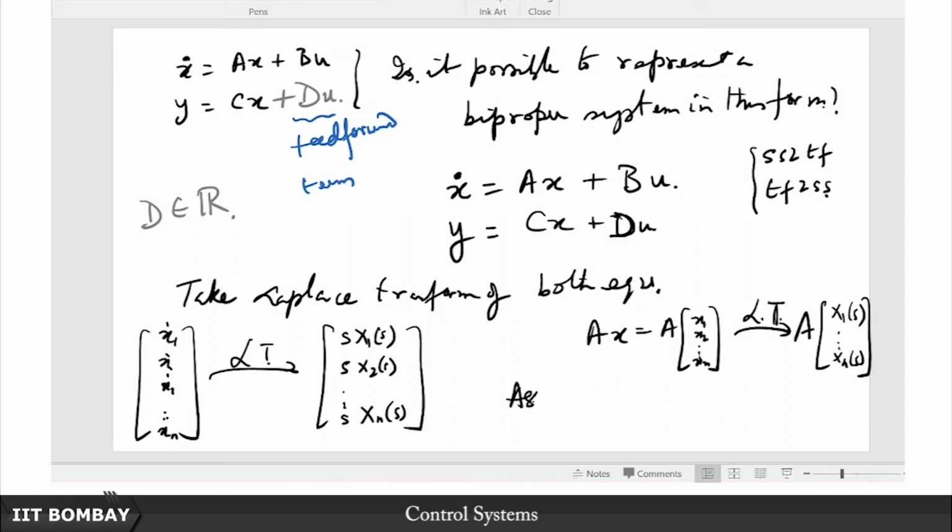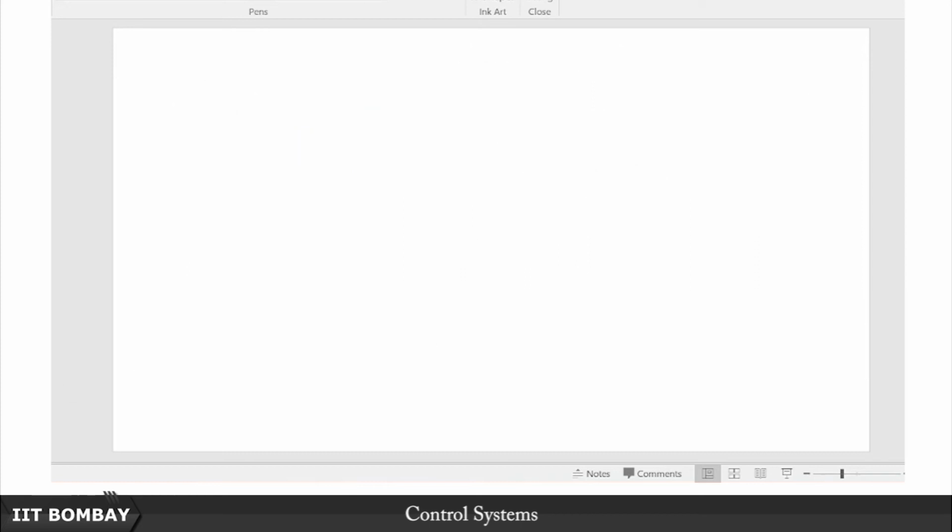As with all transfer functions, because if you want to get the transfer function, it is implicitly assumed that we have zero initial conditions. Then where do we go from here?